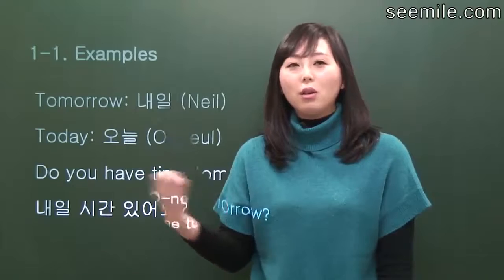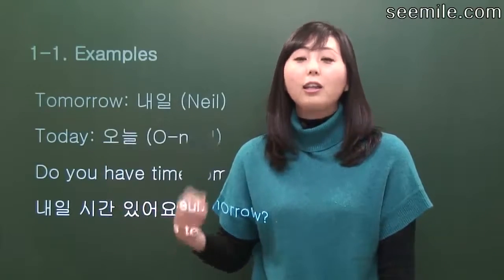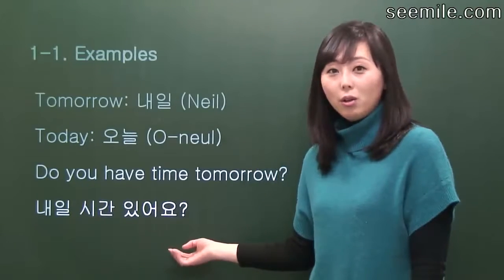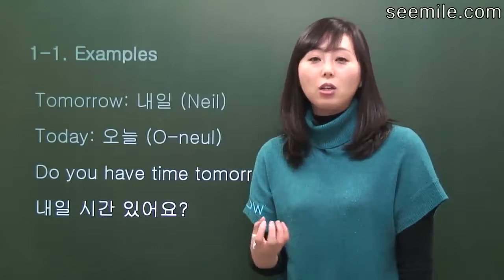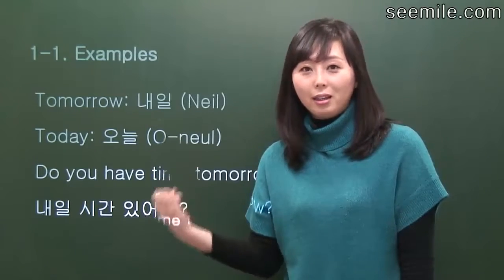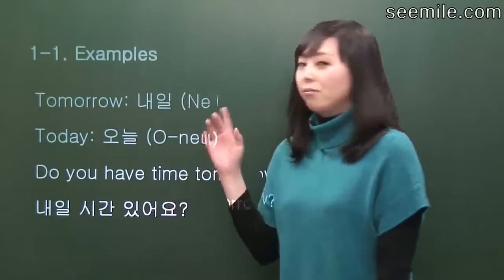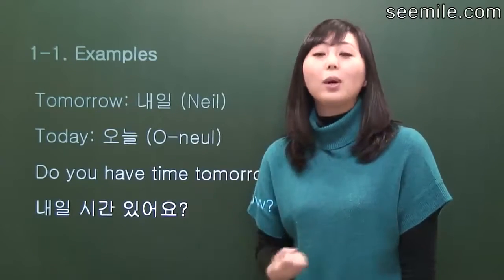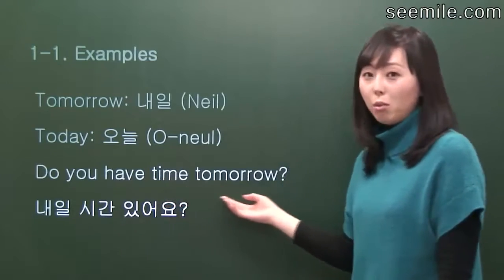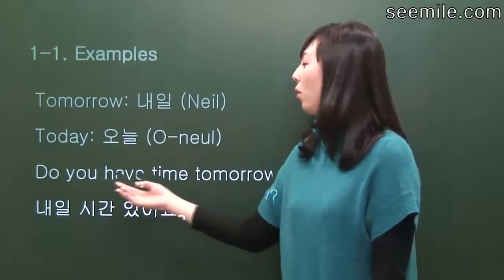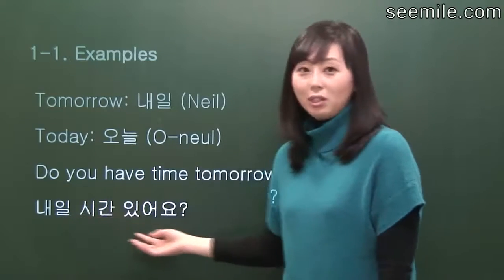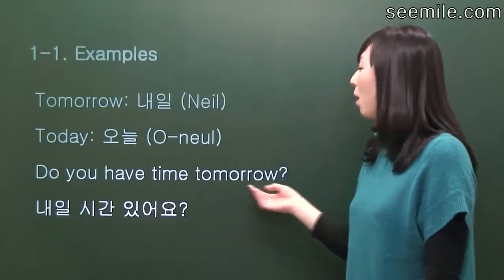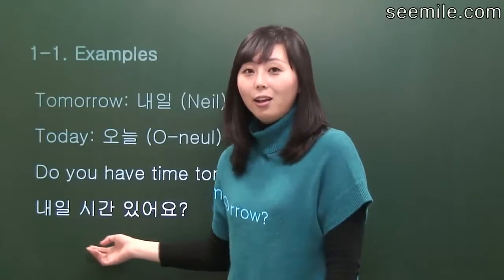Like if you like a Korean girl named Jung, and, Jung, do you have time tomorrow? 내일 시간 있어요? Which means I'm asking you out for dinner or something like that. So, when you make an appointment for your meeting or for your date, whatever it is, do you have time tomorrow? Do you have time today? You could use this expression. 시간 있어요? Tomorrow, 내일. Okay?